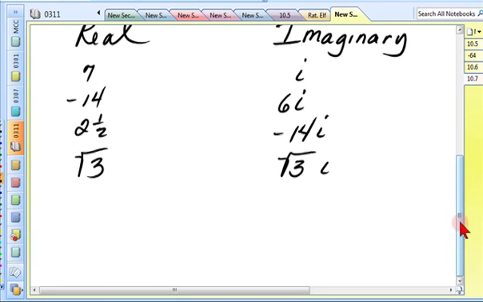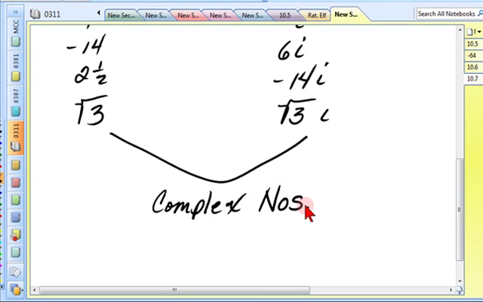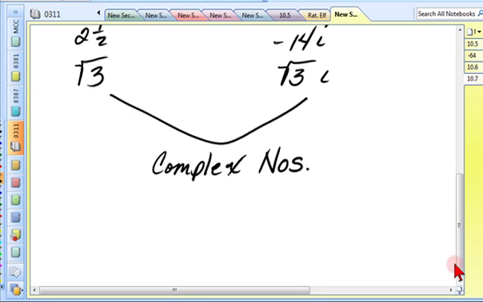Now, all of these numbers fit into one big giant category called complex numbers. If you take the real numbers and you take the imaginary numbers and you put them together, that makes up some of the complex numbers. Some. So what are the other guys? The other guys are kind of hybrids.